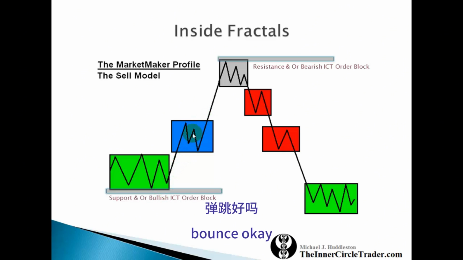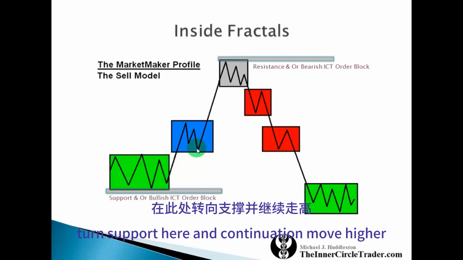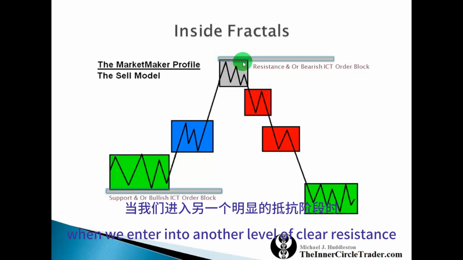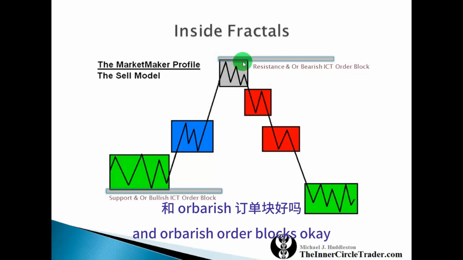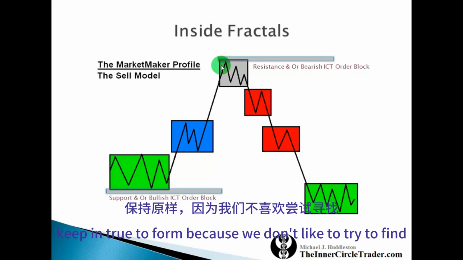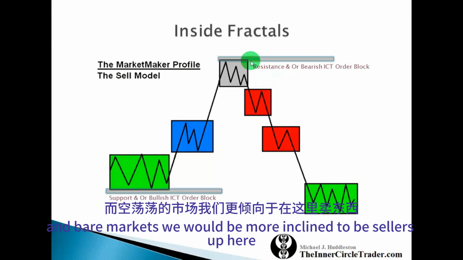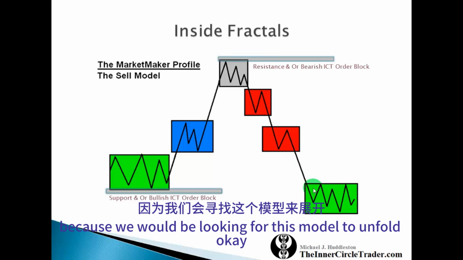Bounce. Okay, so even though we see the market move up and find old resistance turn support here and continuation move higher, when we enter into another level of clear resistance and or bearish order blocks, we have to anticipate what's occurring, keeping true to form, because we don't like to try to pick the low or the bottom in bear markets. We would be more inclined to be sellers up here because we would be looking for this model to unfold.